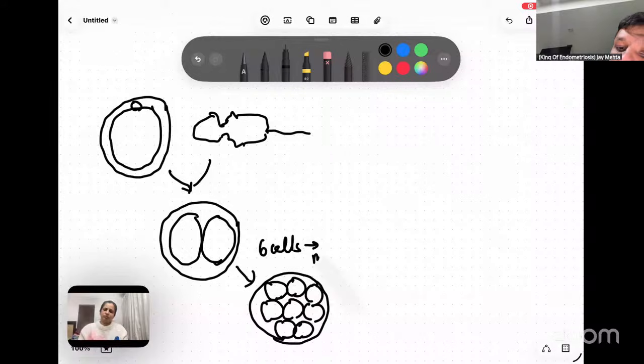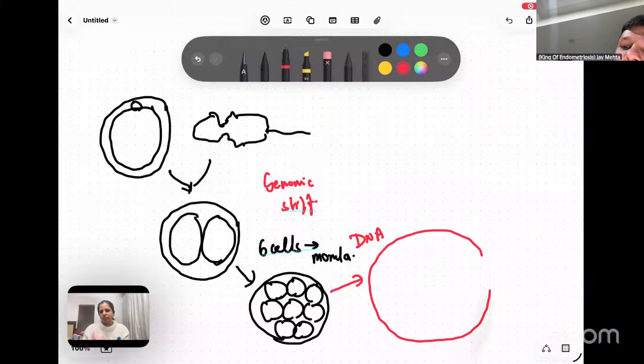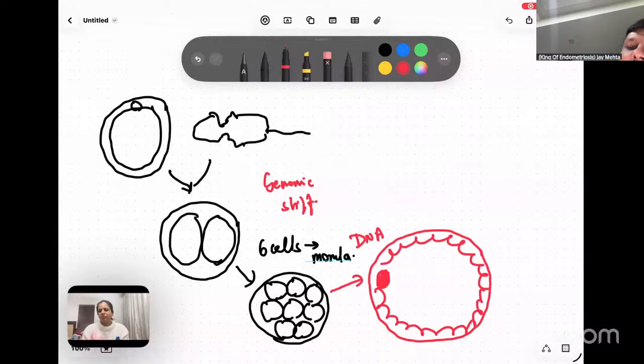to the journey of morula, there is going to be something called genomic shift, and this genomic shift is going to allow the embryo to form its own DNA, right? And that is the DNA which you are going to be testing when you have a blastocyst lying in front of you. Of course, for a country like India, you do not even have techniques to standardize PGT-A, nor do we have techniques to standardize non-invasive chromosomal studies.